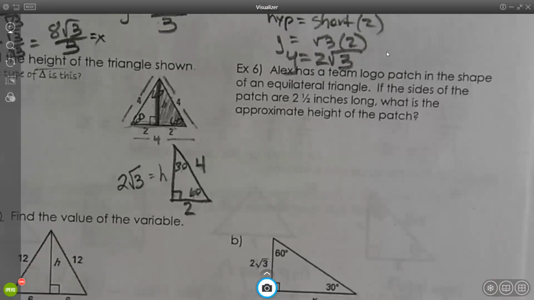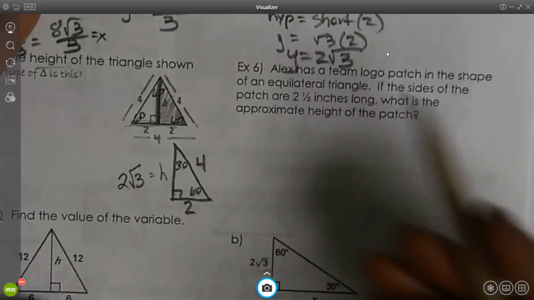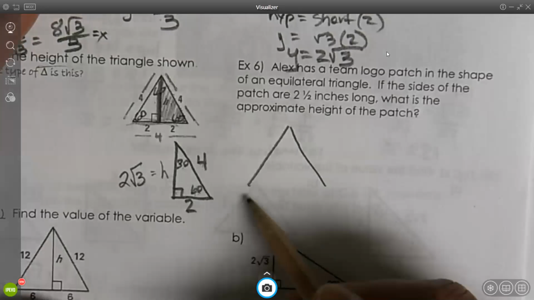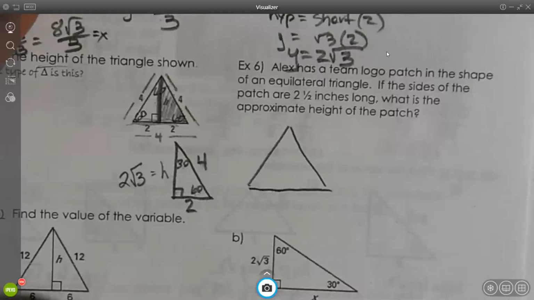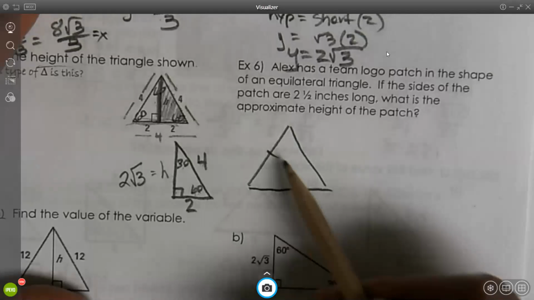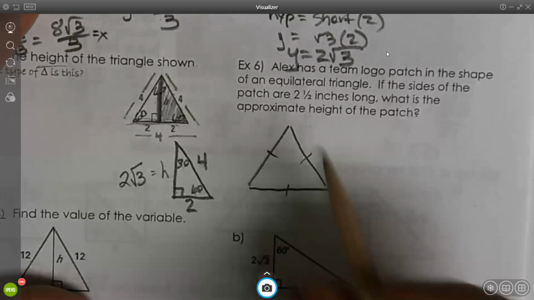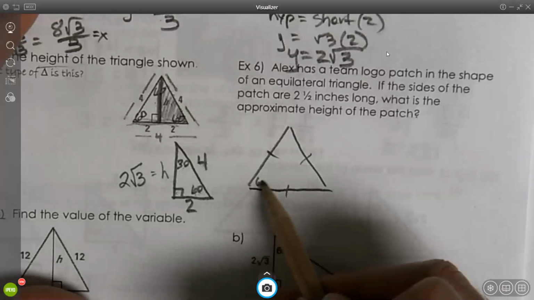Okay, number 6. Alex has a team logo patch in the shape of an equilateral triangle. So something like that, which we know means that all 3 sides are the same, which requires all 3 angles to be the same.